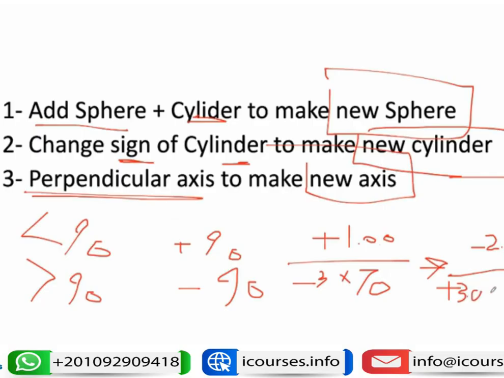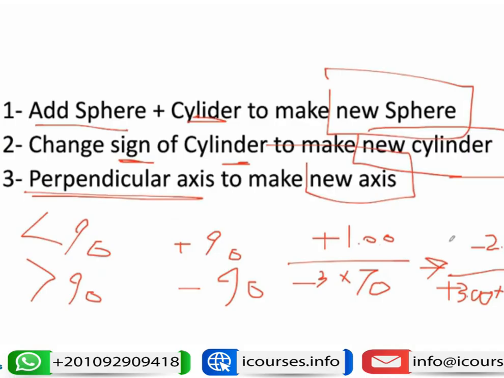And the axis will be the perpendicular axis. What will be the perpendicular axis to 70? Since 70 is less than 90, we will add 90. So 90 plus 70 will be 160. So here we did a simple transposition.